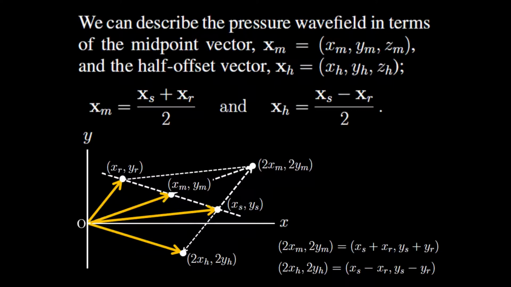In this geometrical diagram, we show all 4 of these vectors, that is, midpoint, half offset, source position, and receiver position vectors, for the particular case in which source and receiver depths are 0. This geometrical diagram also holds when the source and receiver depths are constant and equal.